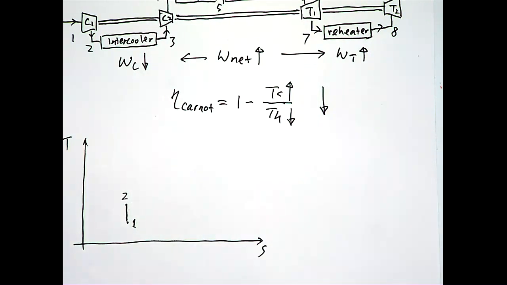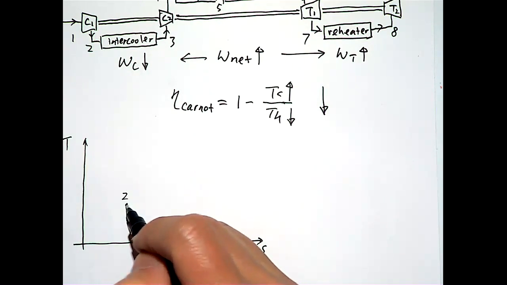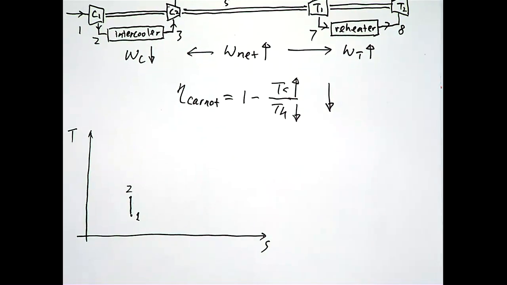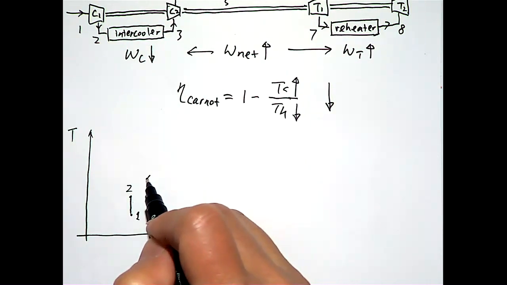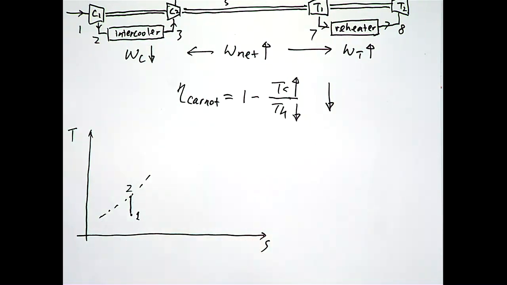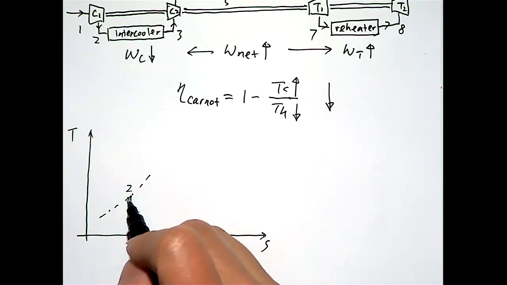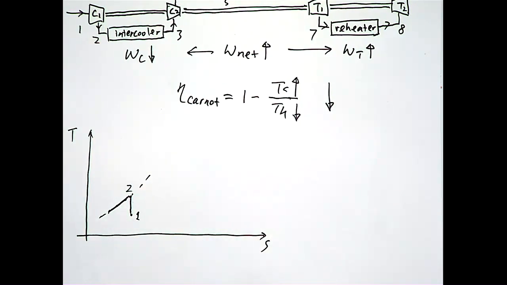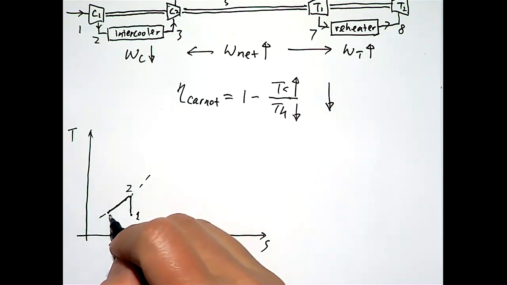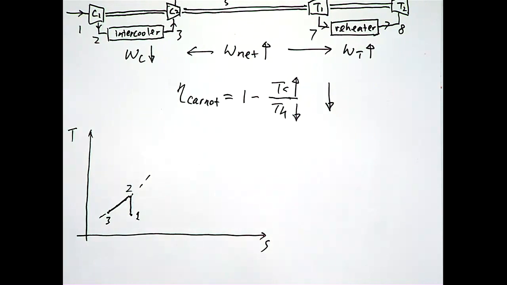And in that process, we drop the temperature from here. Because the temperature is lower, the entropy will be lower. So if we have a constant pressure line there, we should go this way, because the temperature is lower, the entropy is lower. So we go this way to state 3, right?